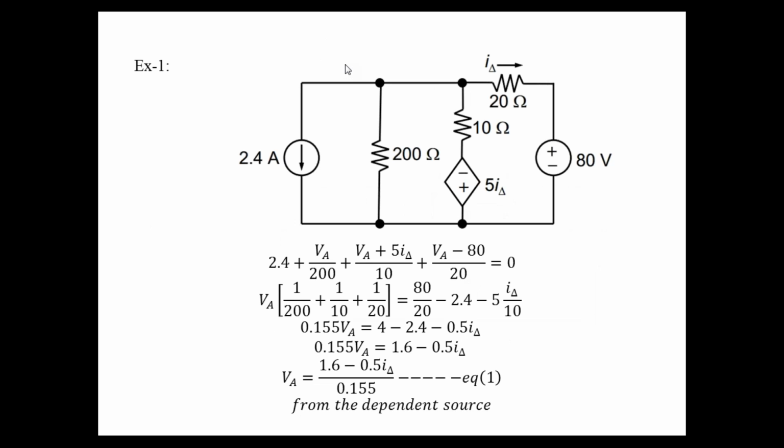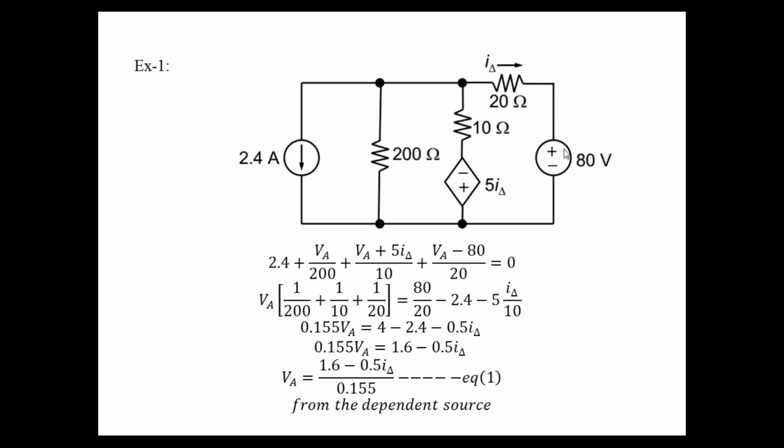So for that, in this circuit, the dependent voltage source's magnitude is equal to 5 into I delta, where I delta is the current passing through this branch.